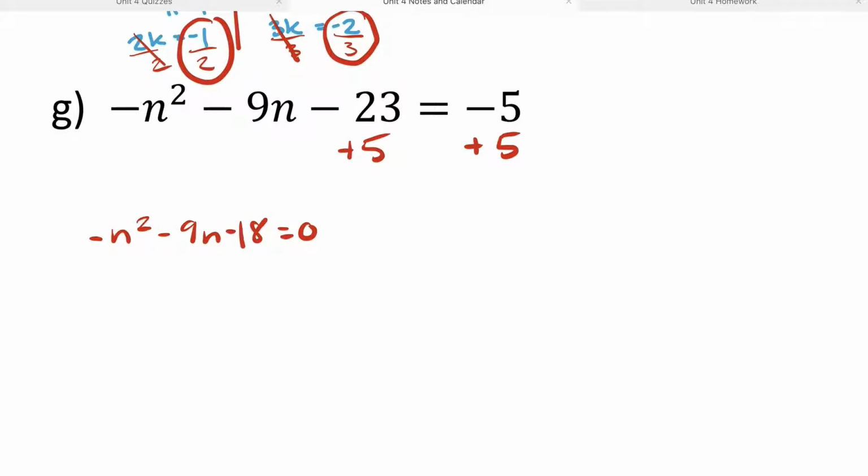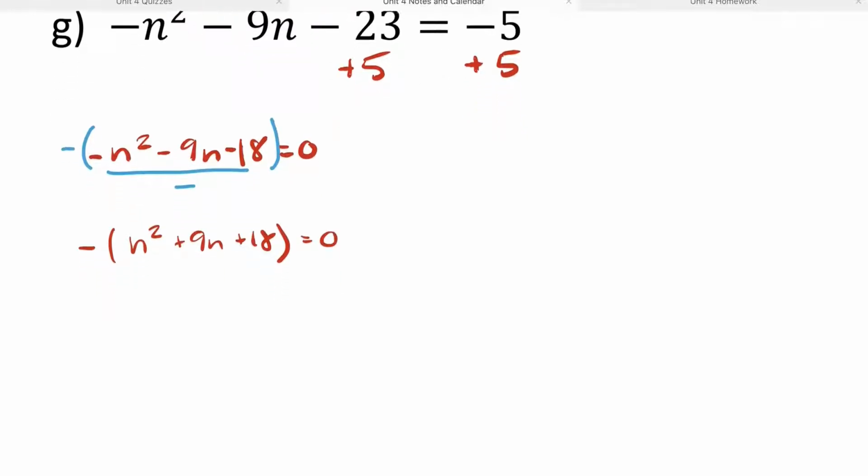All right. Next, greatest common factor. There is a greatest common factor. We'd want to factor out a negative, and then divide by a negative. So that would give us negative, and then in our parentheses, n squared plus 9n plus 18 is equal to 0.